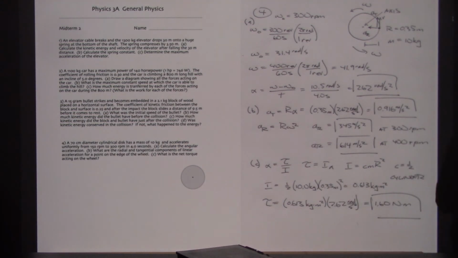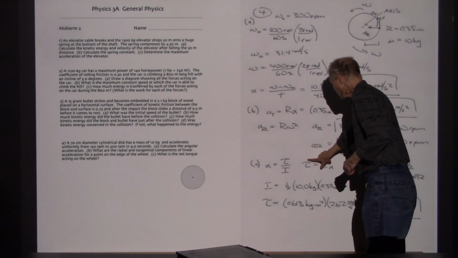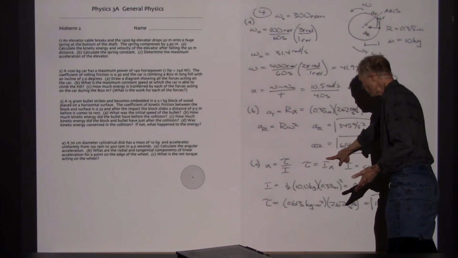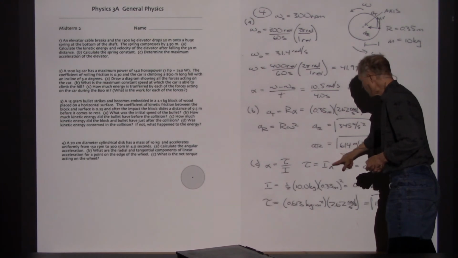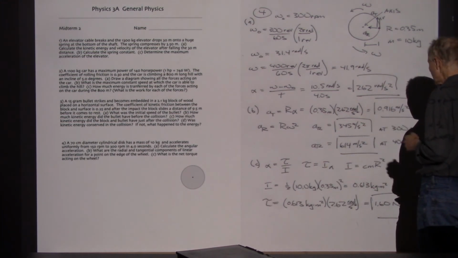An object spinning doesn't just spin faster on its own. We have to apply some kind of a torque. And so the amount of torque needed depends on how much rotational inertia, how much rotational mass the object has, times the acceleration that we want it to accelerate at.